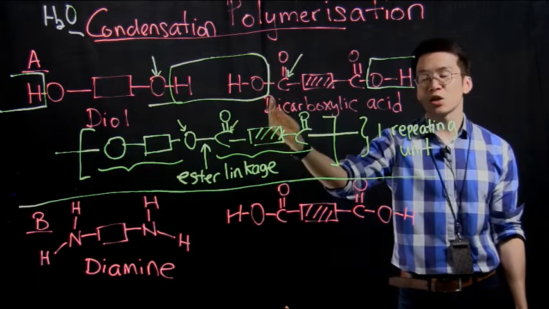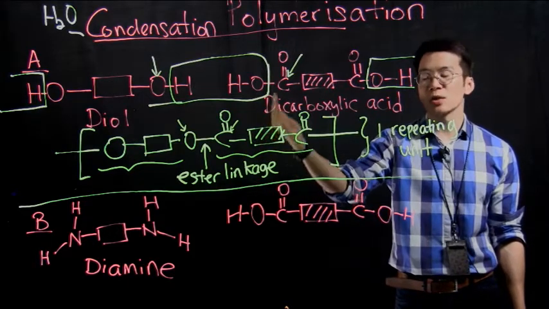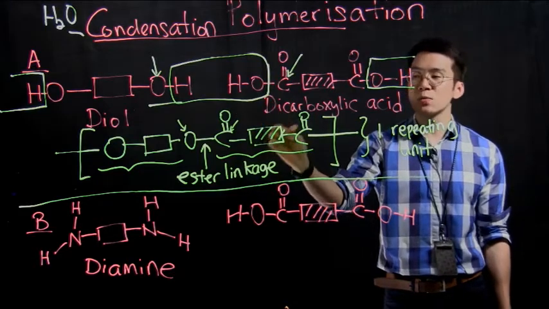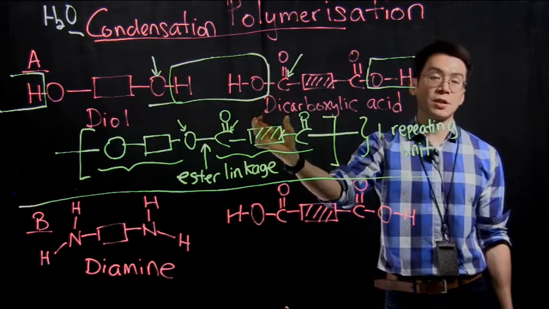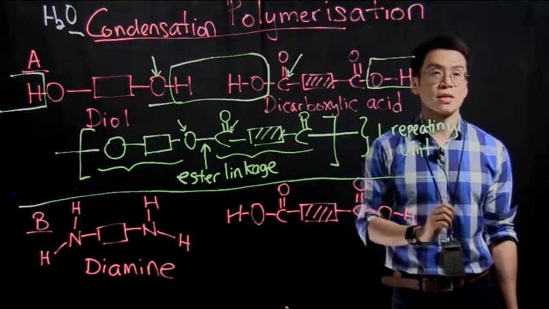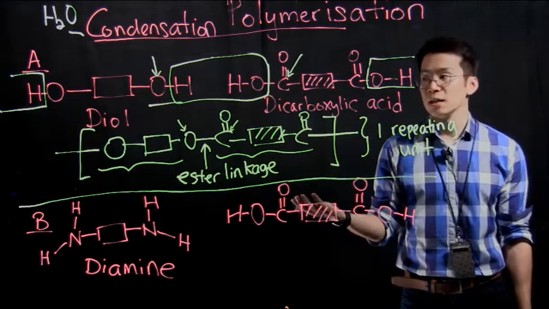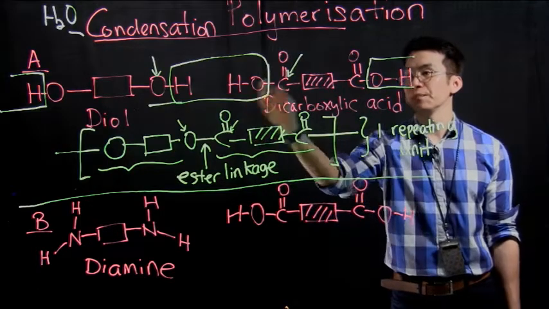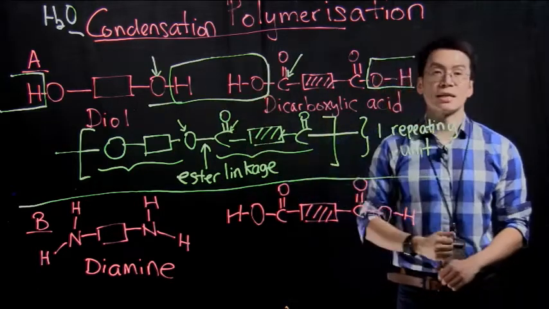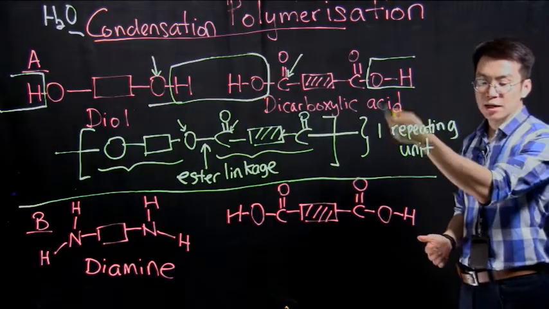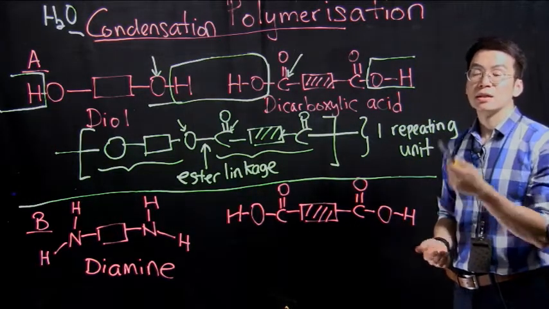It can be CH3, it can be CH2, CH2, CH2, it can be CH2, CH2, or just CH2. Since we don't know how big this middle carbon chain is, we just put a box to represent it, because what is in the middle will not affect the reaction. It is the two sides here that will form the ester linkages. So what you have seen above here is called the ester linkage.